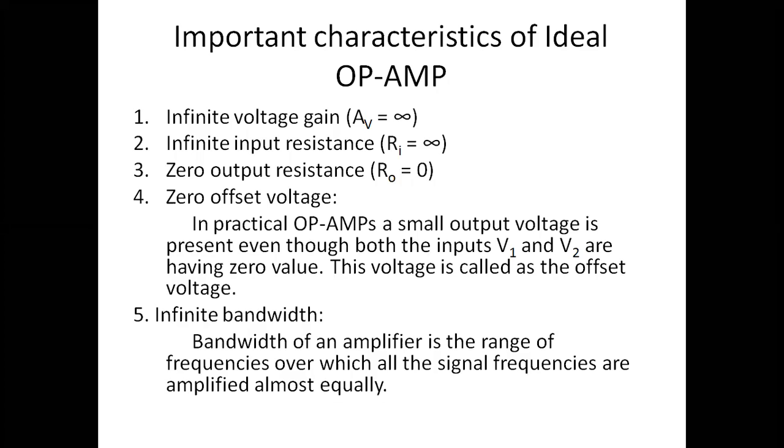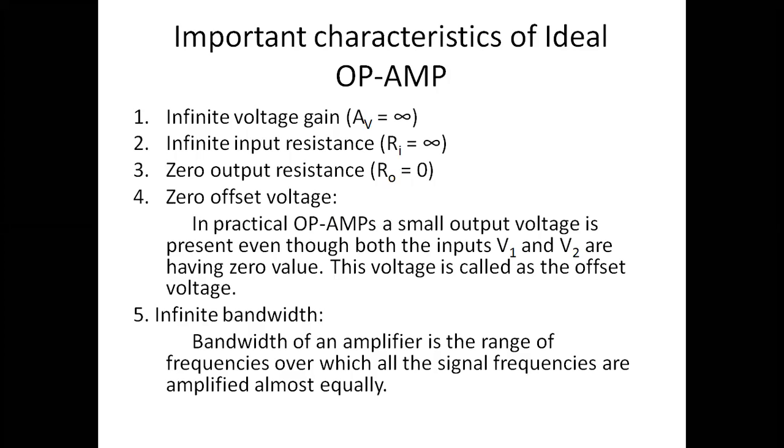But in practice, a small output voltage is present in an op-amp. Even though both input voltages V1 and V2 are 0, there will be some offset voltage. For the ideal op-amp, we require that offset voltage to be 0. Again, there is the concept of bandwidth. We will require the bandwidth to be infinite.